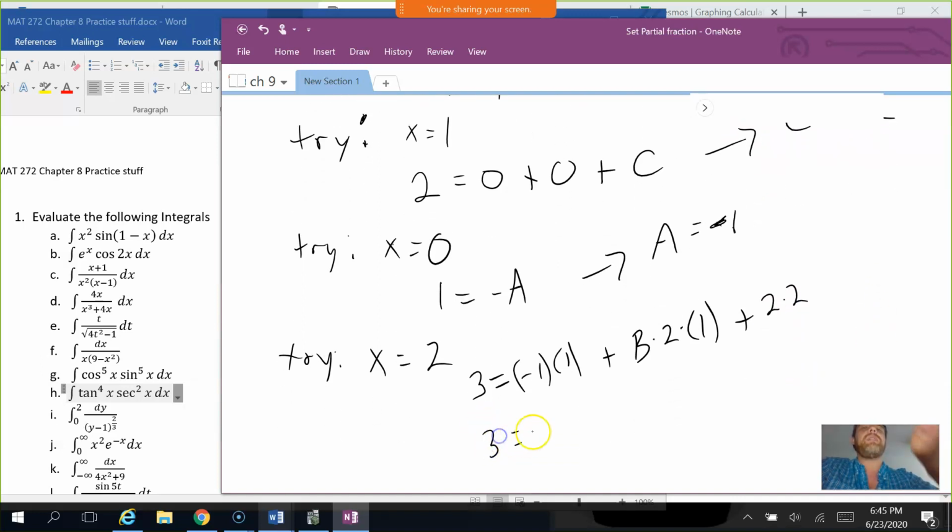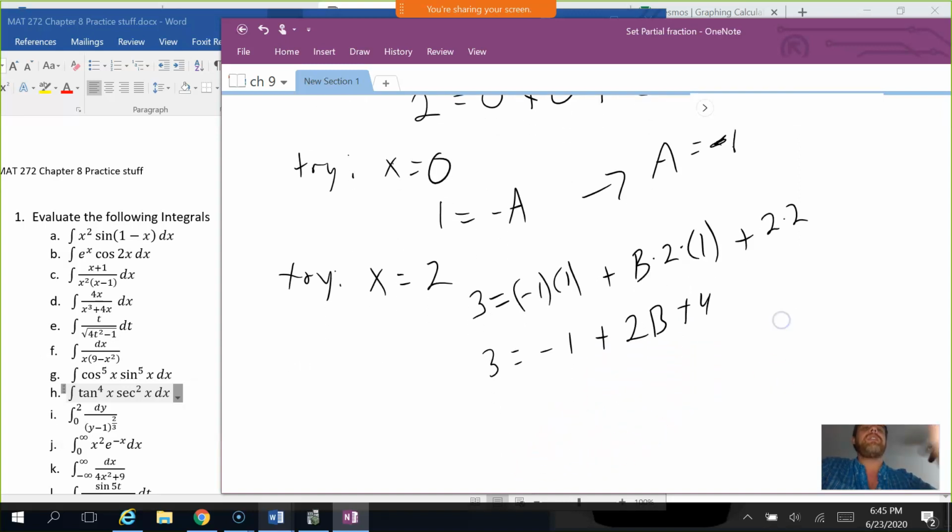Simplifying all this down, we get 3, we get a negative 1 there, plus 2b plus 4. That comes out to be 3, and if I subtract that over, I get 0 is equal to 2b, which means that b has to be 0, which is fine.